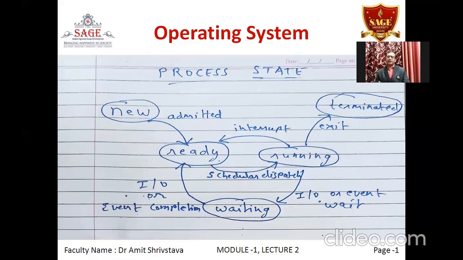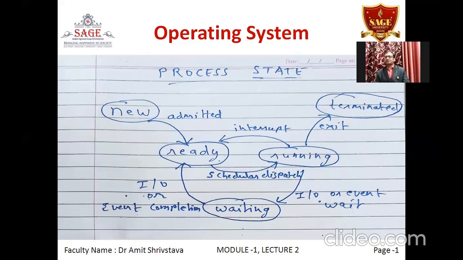Similarly, in our computer system, there might be many scenarios when a high priority process needs attention immediately. For example, suppose I am printing a file. Let us assume that I've got 1,000 pages in my file which need to be printed.